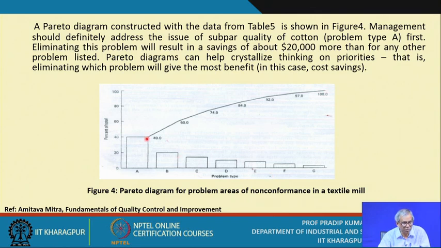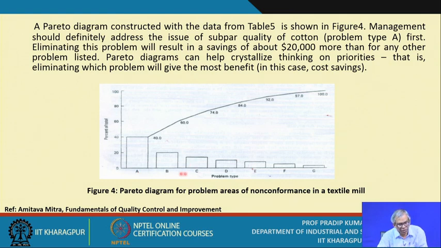In 40% of the cases, the cause is A. Around 20% of the problems are due to cause B. So 40 plus 20 plus this one, maybe 12% or 13%, the exact value we will come to know.